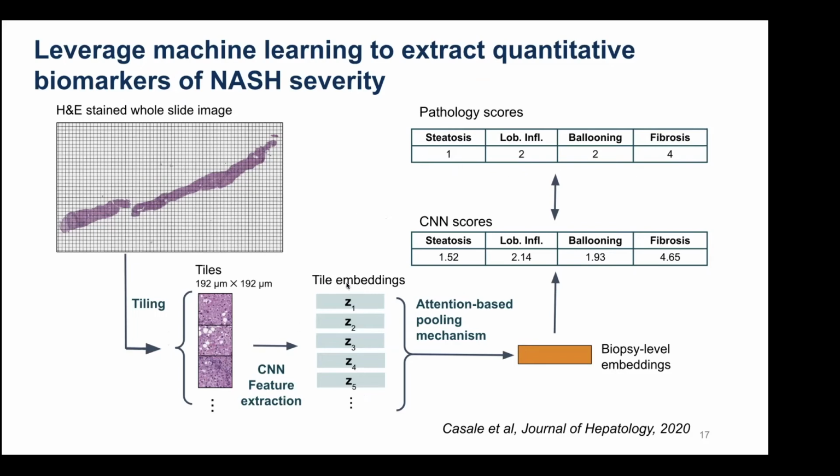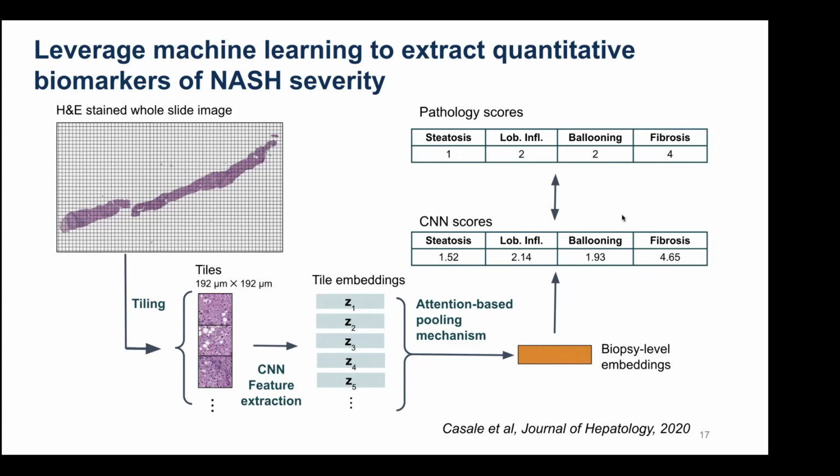We did that by implementing an attention-based pooling mechanism, which takes multiple tile representations from the same biopsy and pools them together with attention to make a biopsy-level score, which we then use in downstream analysis.